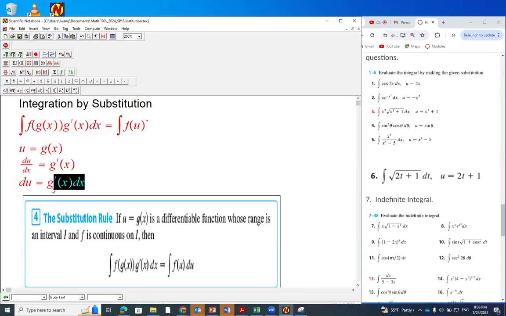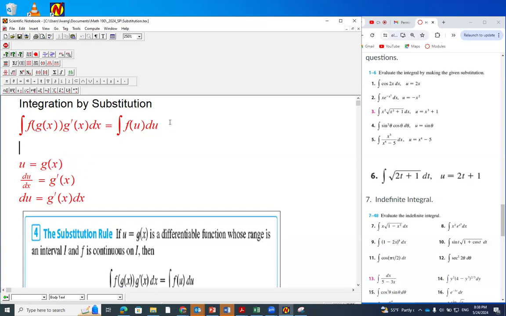So this whole piece is replaced by u, so f of u, and this whole piece is replaced by du. So it becomes a simpler integration.